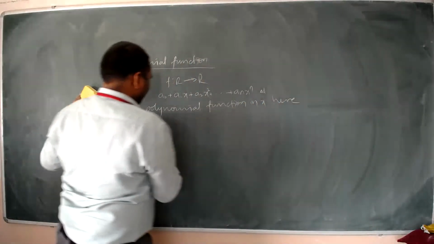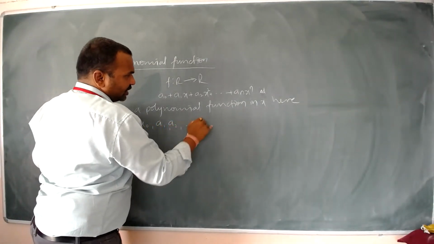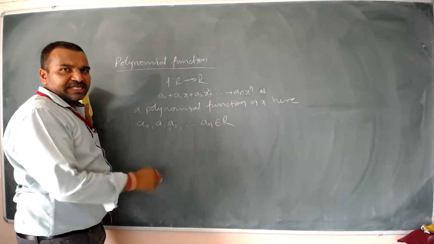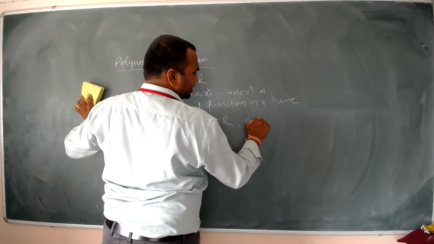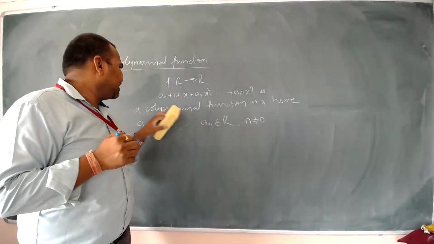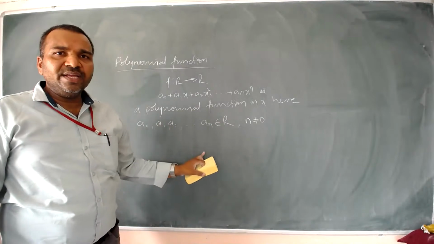Here a0, a1, a2, and so on up to an belong to real numbers. Here an is not equal to 0. If an is not equal to 0, then we can say it is a polynomial of degree n.